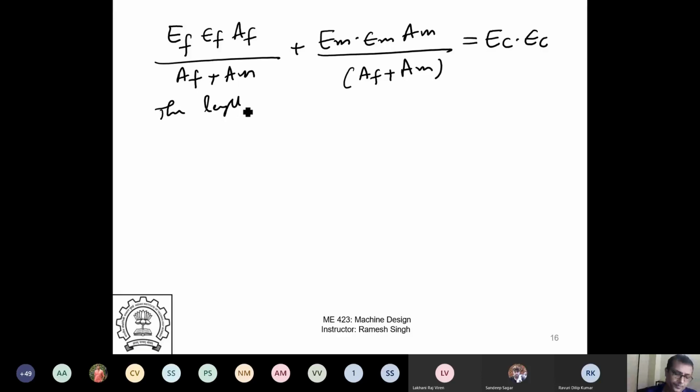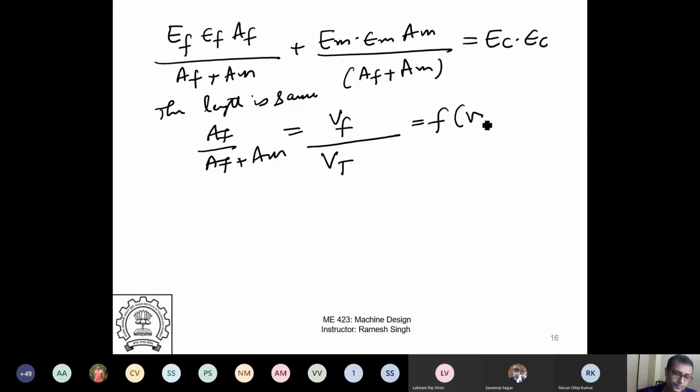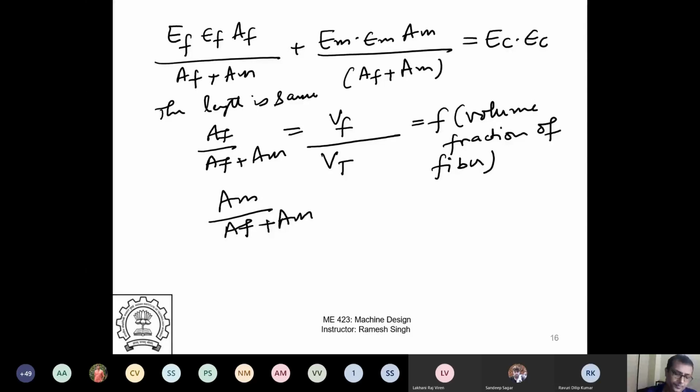So basically, AF divided by AF plus AM is nothing but volume of fiber divided by total volume, which is the volume fraction of fiber, F. And AM by AF plus AM is nothing but the volume fraction VM by VT, which is 1 minus F, because there are only two constituents. If one is F, the other is 1 minus F.